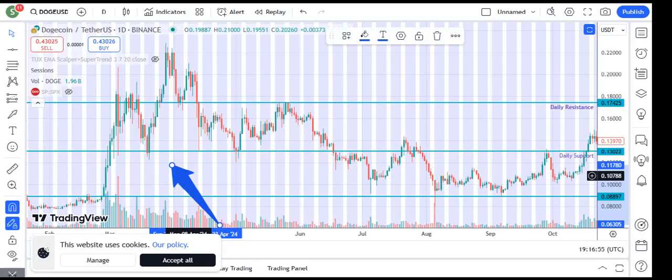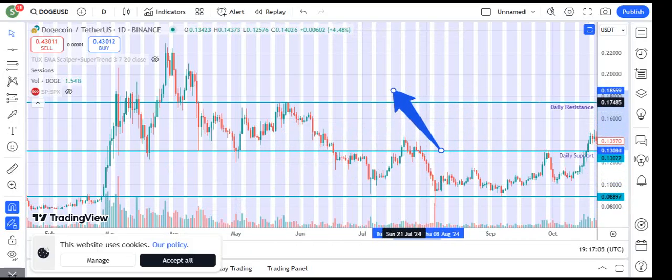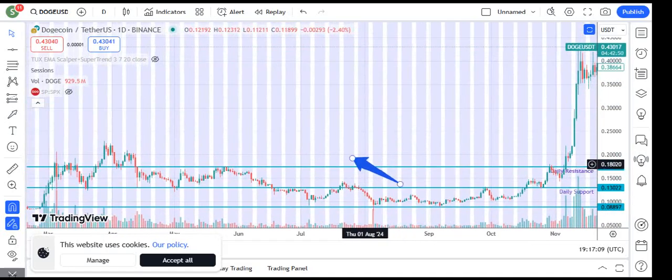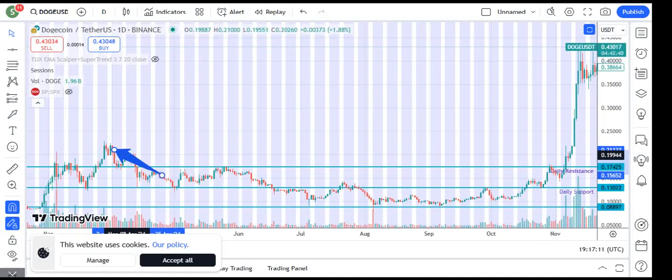Another thing I want you to know is that a previous support is a new resistance and a previous resistance is a new support. What do I mean? Let's look at this line that I've picked as a resistance. Do you see that this seller sold the market here and it bounced up?